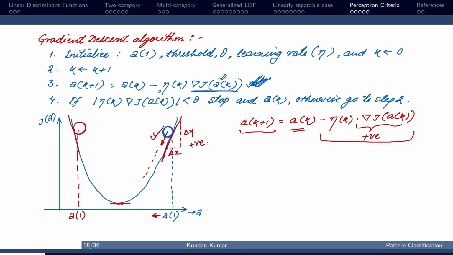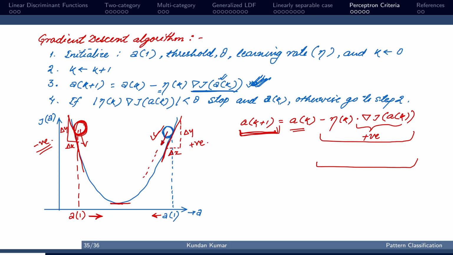At this point, del y by del x, when you compute the gradient, it will come out negative. So when we consider this position, this term will become positive, and that means in the next iteration the weight will increase, so our updated weight will move in this direction.